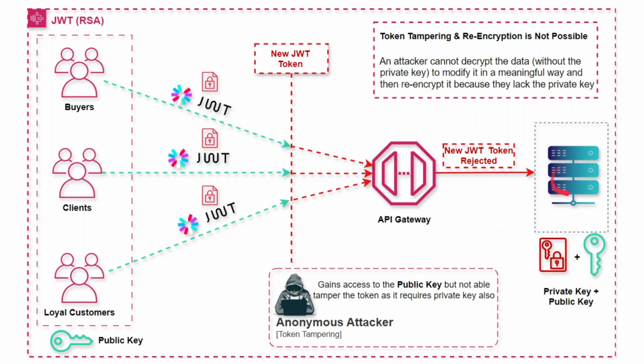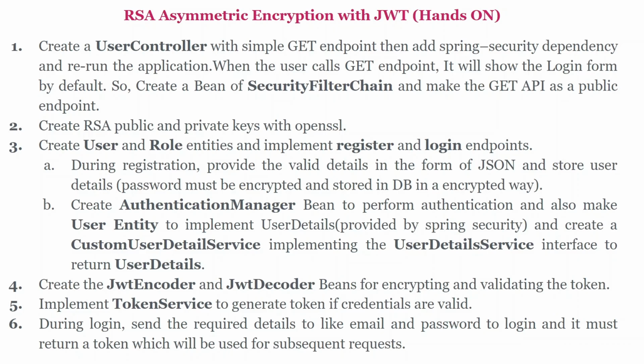So while the server is going to decrypt the token, it will simply be rejected, and the anonymous attacker will never get this data back from the server, because the server understands that it's a new token, and while decrypting, the token is not associated with any private key. So an attacker will not be able to decrypt the data, or he will never be able to get the data from the server back. So this is what the RSA asymmetric encryption algorithm solves for us.